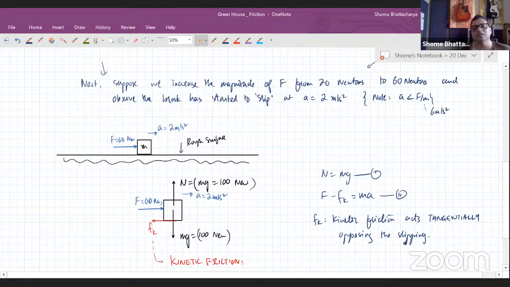It is not preventing the slipping, but it is opposing it. Therefore, we can see from here that 60 minus kinetic friction is 10 into 2. So the magnitude of kinetic friction is 40 newtons, which is less than the external force.